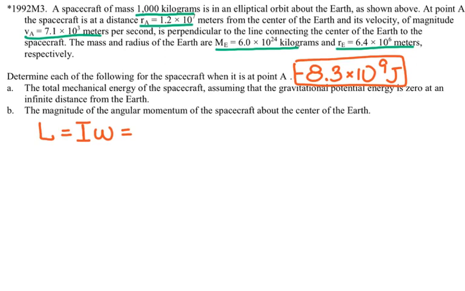So this one is like a hoop. So you have the mass of the spacecraft, and then the distance from the center, how far it is from the spacecraft, times the angular velocity. And remember again that the linear velocity is equal to radius times the angular velocity.